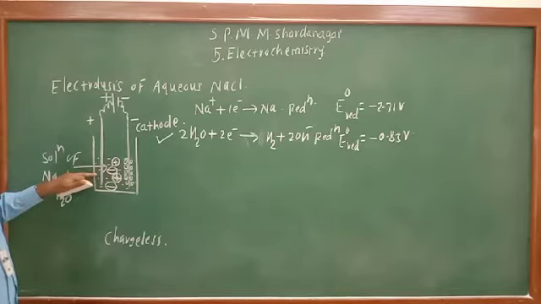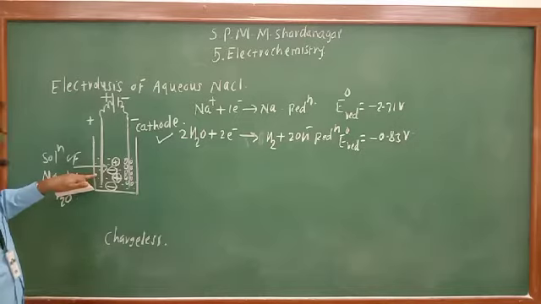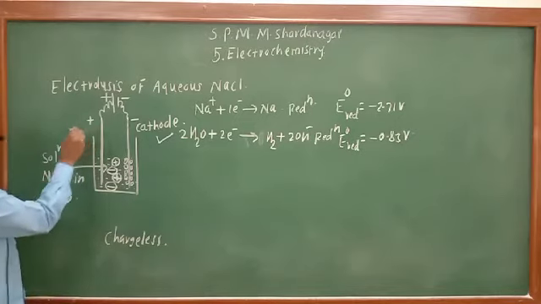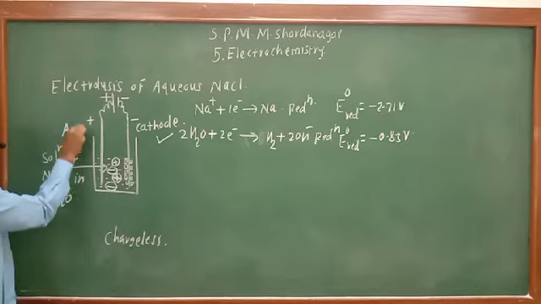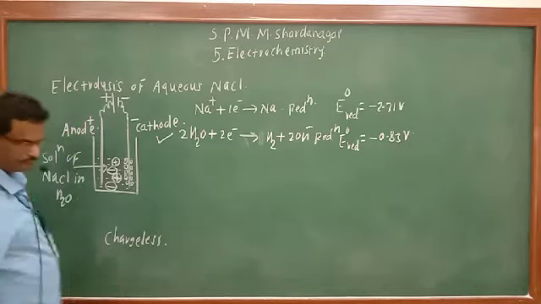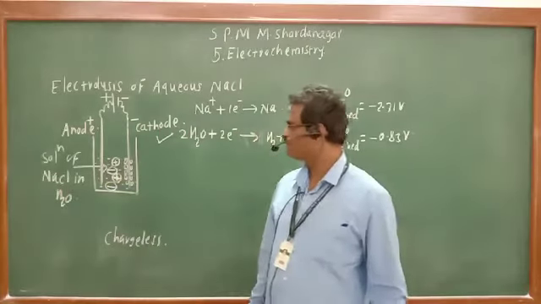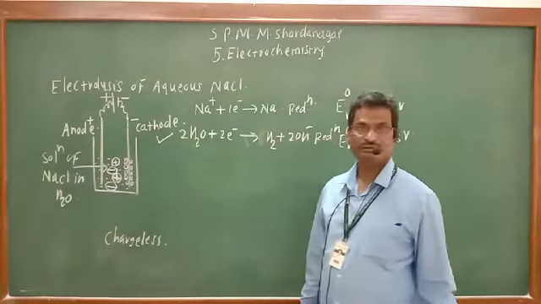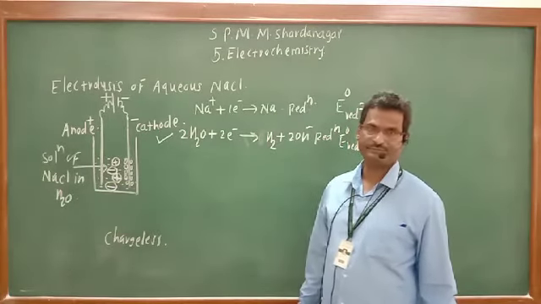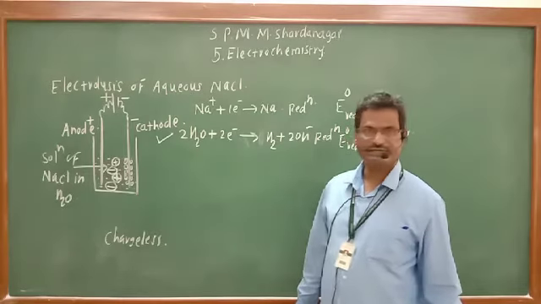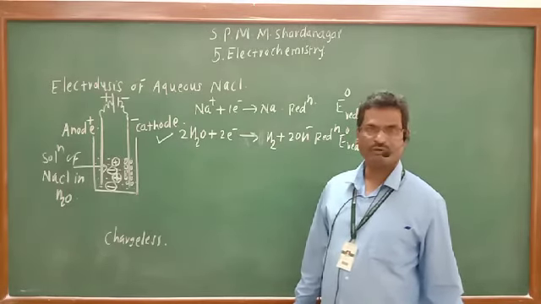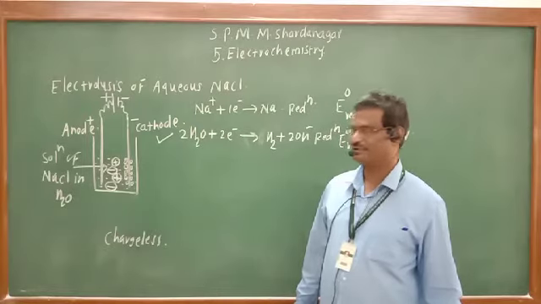Negative ions are attracted towards this electrode and will undergo oxidation. Therefore, this electrode is known as the anode. Anode is the electrode at which oxidation always takes place, and cathode is the electrode at which reduction always takes place.